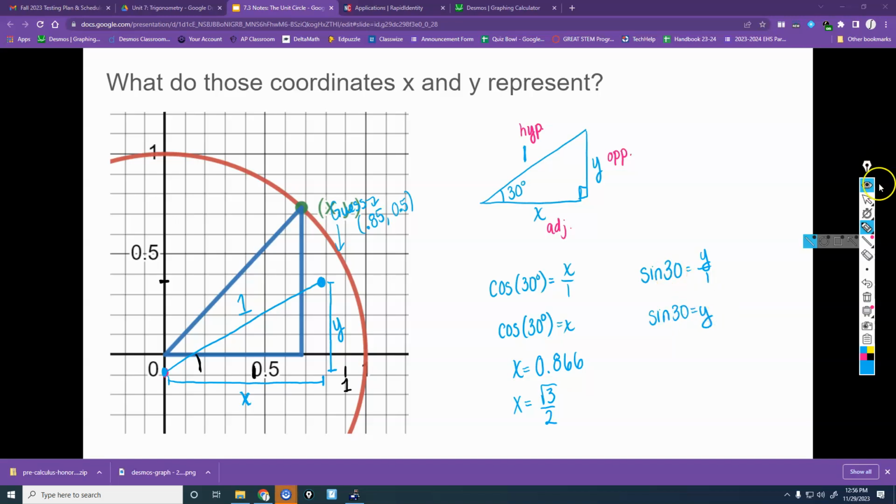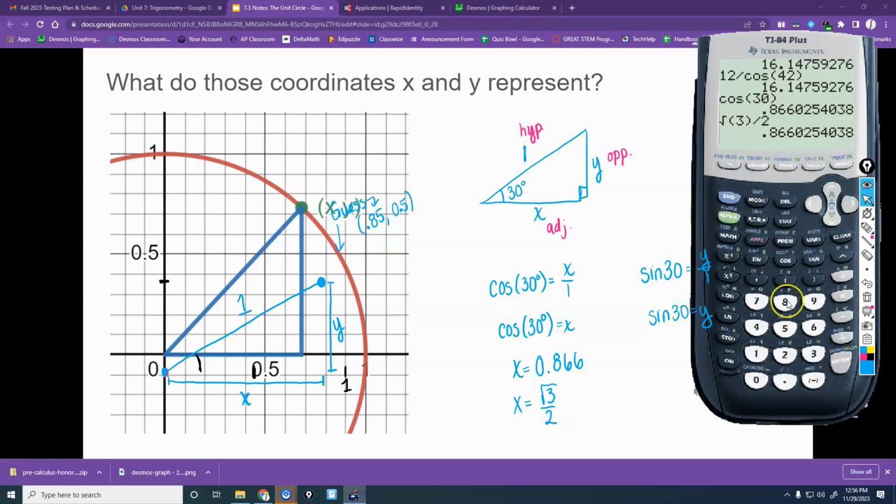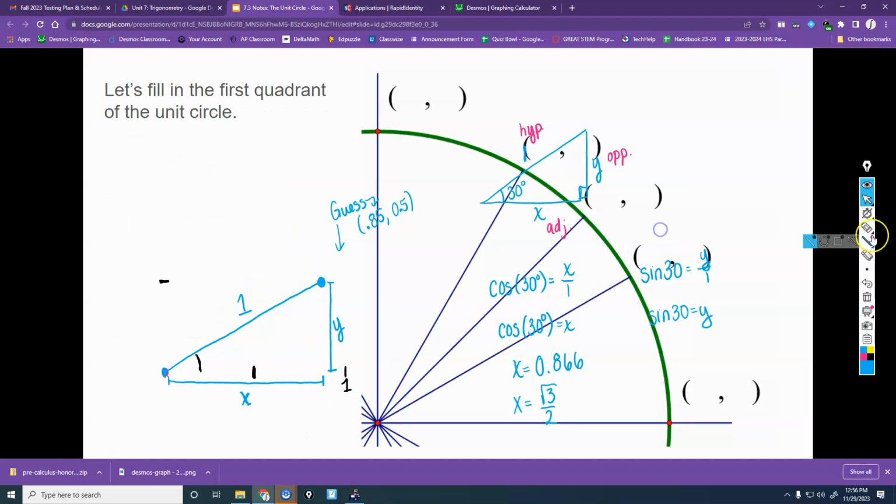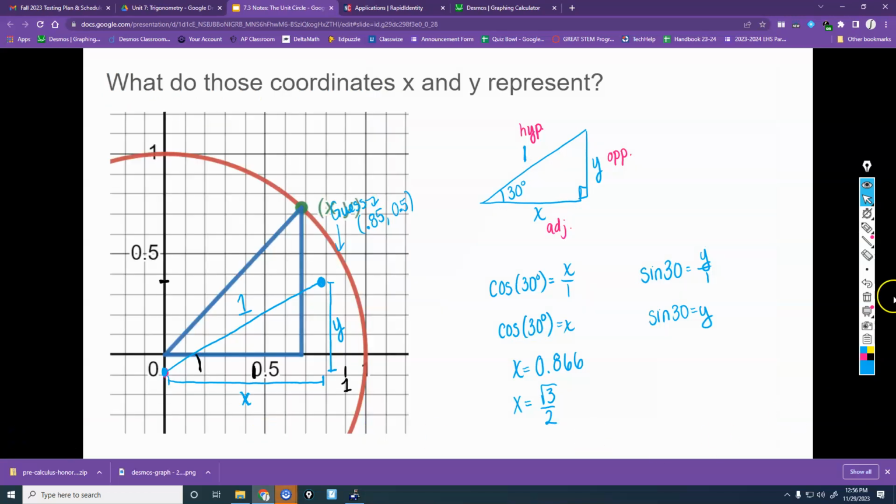And if we do sine of 30, that is going to give me 0.5. So sine of 30 is 0.5, but they are going to want us to use fractions. This fraction is not as upsetting as square root of 3 over 2. It's just 1/2. I think we'll be okay with that.